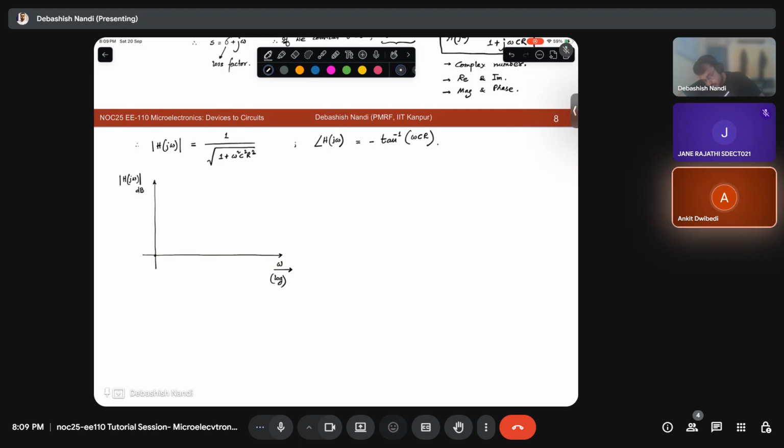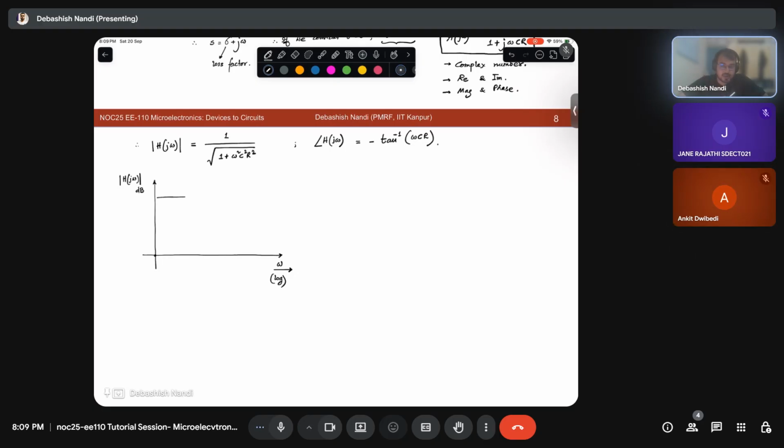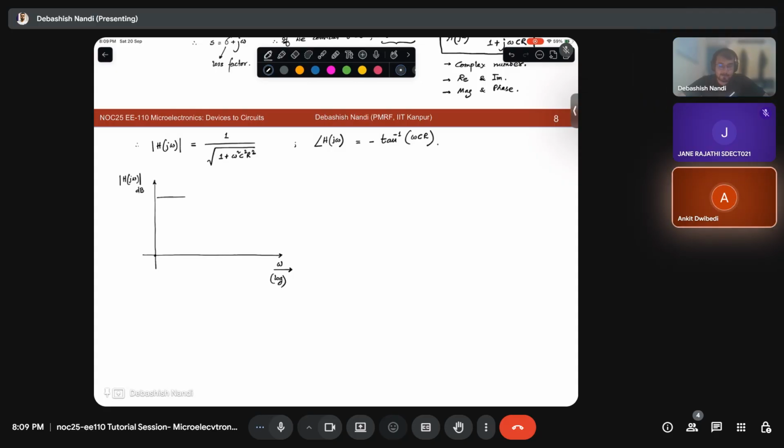One by root over one plus C square R square. Omega equal to 0, it is simply 0, or simply 1, right? Yes, sir.